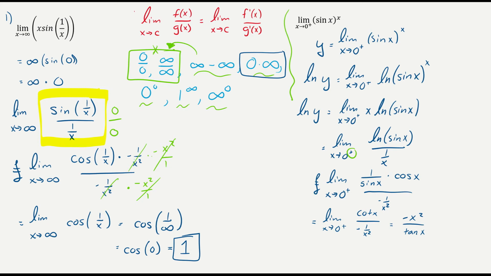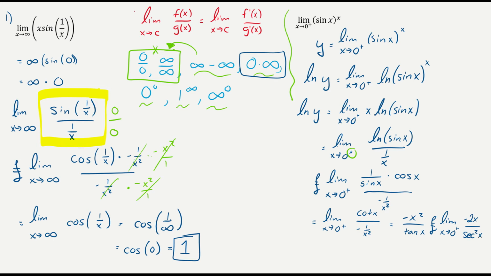Now if I do direct substitution, what happens? I get 0 over 0 because tangent of 0 is 0. So I'm still indeterminate. So guess what? We will apply L'Hopital's rule again. And this gives me the limit as x approaches 0 from the right of negative 2x over secant squared x.